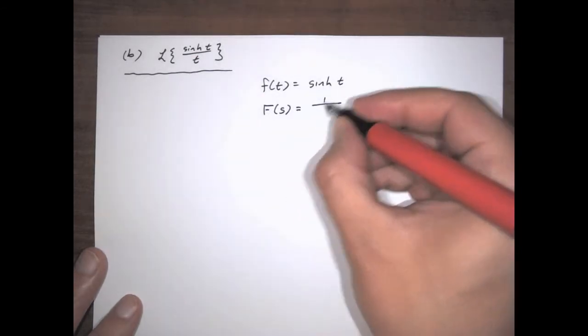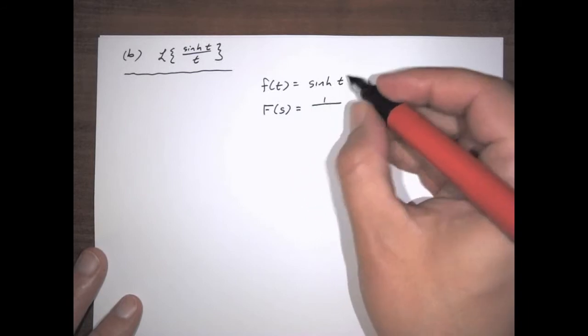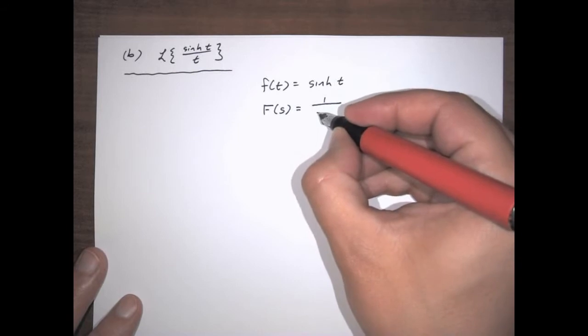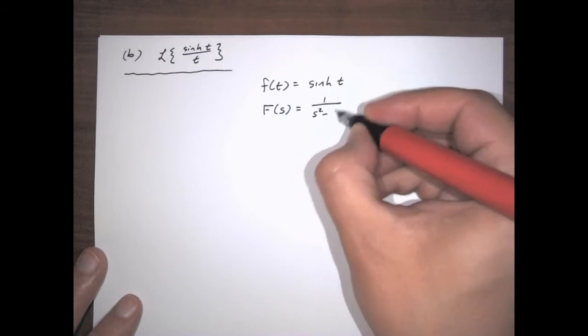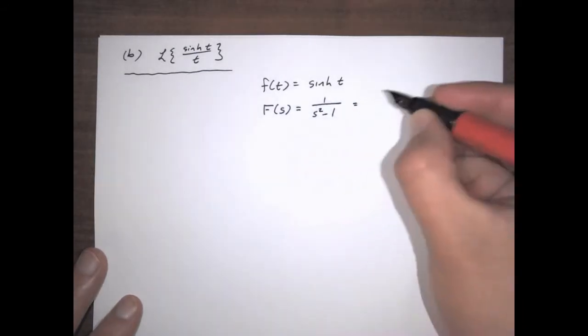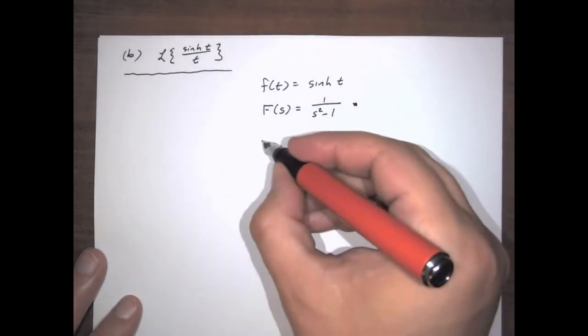It's the main difference between the hyperbolic and the trigonometric functions. In particular, it's going to be k over s squared minus k squared, which, for the record, is, well, we'll cross that bridge when we come to it.